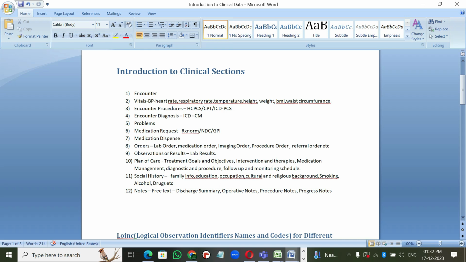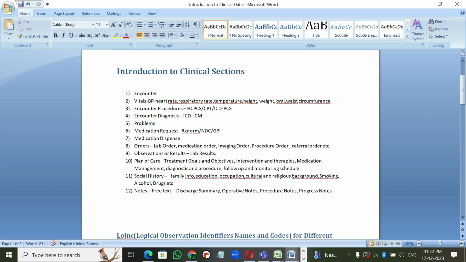And these procedure codes are represented by HCPCS codes, which is Healthcare Common Procedure Coding System, CPT, which is Current Procedural Terminology, and ICD-PCS, which is International Classification of Disease Procedure Coding System. ICD-PCS is not used a lot to represent procedures, but HCPCS and CPTs are two coding standards that are mostly used to represent a procedure.